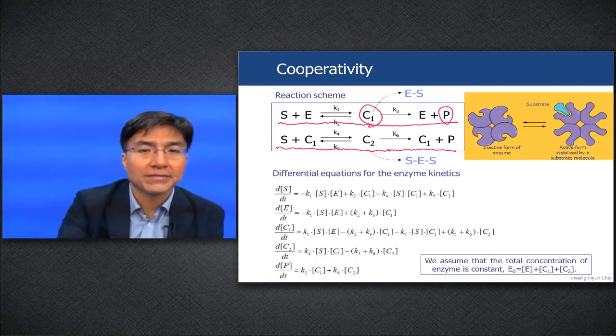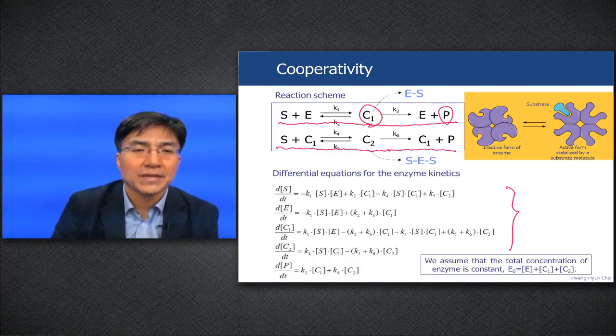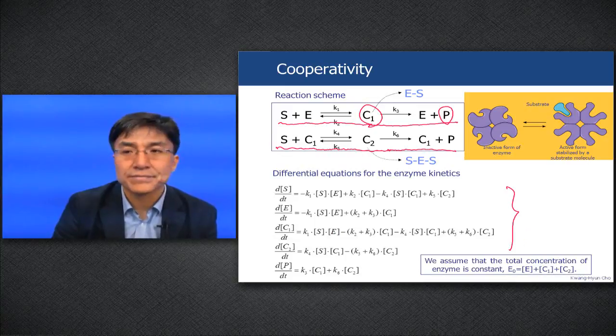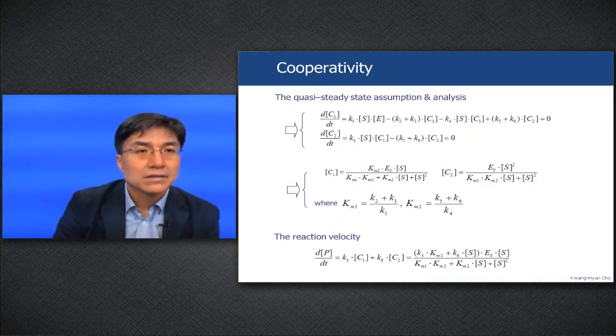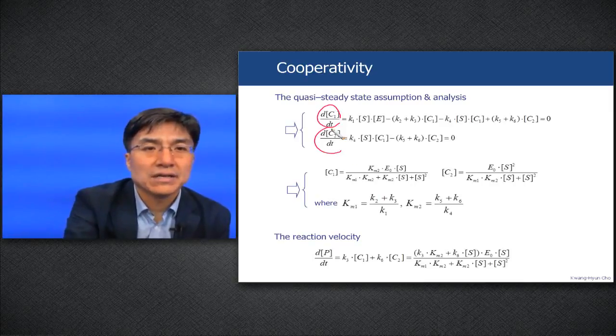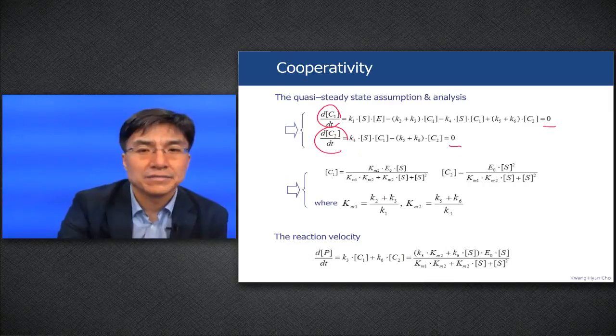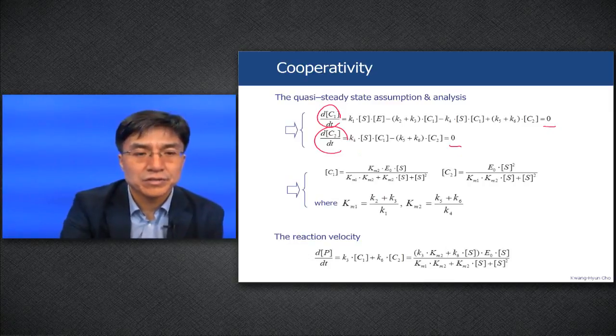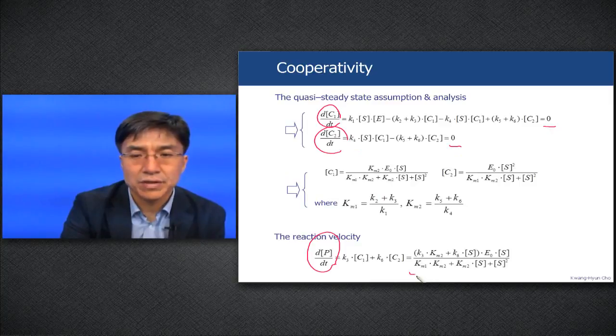We can describe all these reactions using the same mass action law, and we can have this one. In quasi-steady state, the rate of change of both complexes will become 0. If we rearrange the equations with respect to the rate of change of final product, then we have this equation.